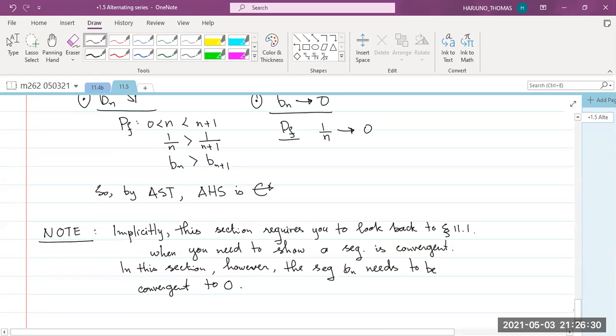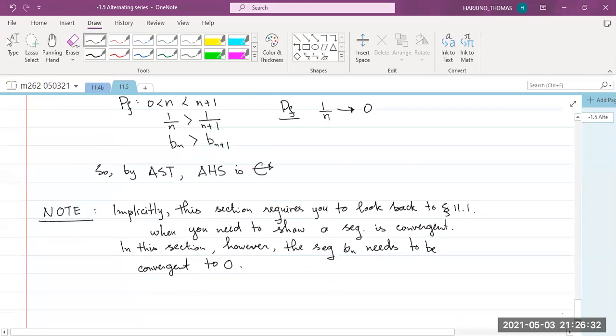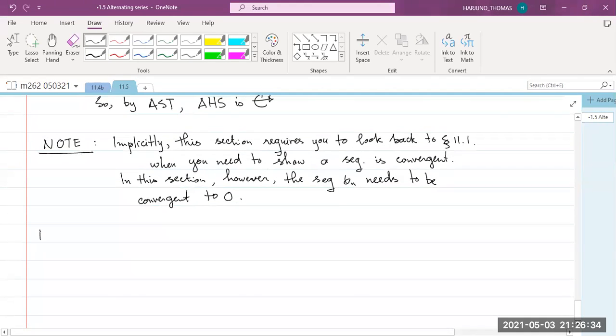If we look at number 19, I will do one more problem from this part, and then after this, I will do the estimation. The series is (-1)^n times n to the n over n factorial. Is this series convergent or divergent?